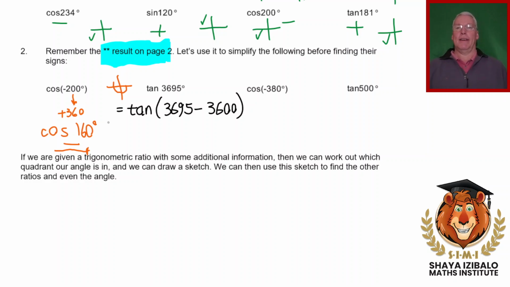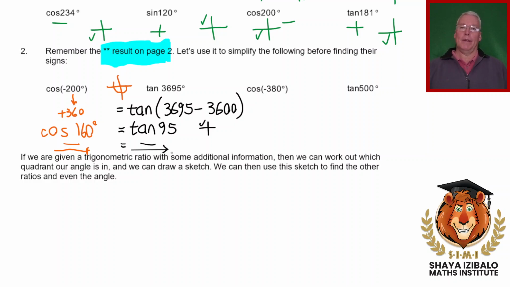This number is easy to get in our heads, it's just 95. Which quadrant are we in for 95 degrees? We are in quadrant 2. It's not really about the tan of 95 degrees, it's just that we're in quadrant 2, and tan in quadrant 2 is definitely negative.